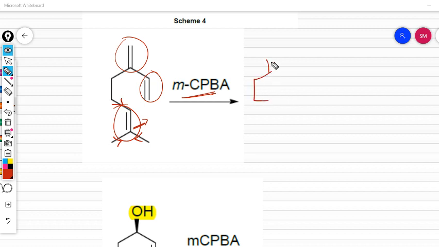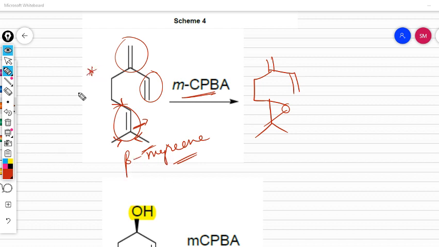The product will be this one. The starting material is beta myrcene, a natural product. This question was repeated in previous questions.